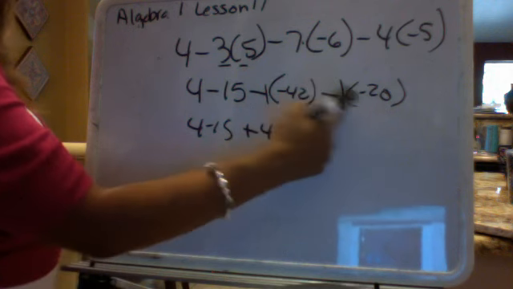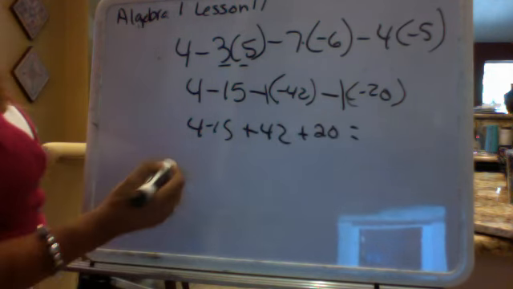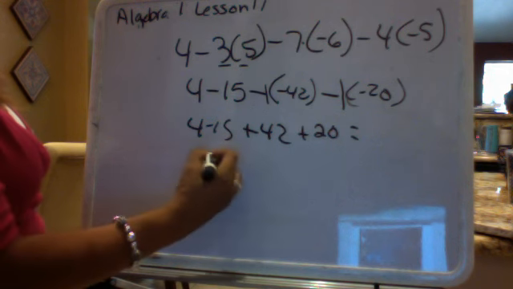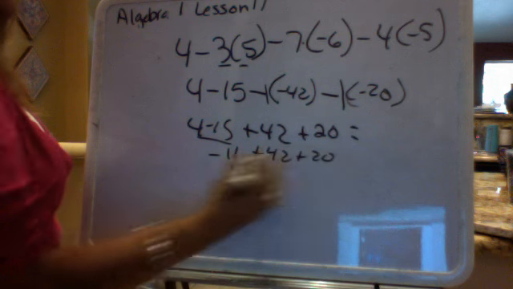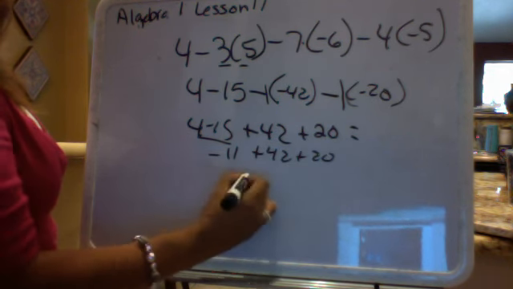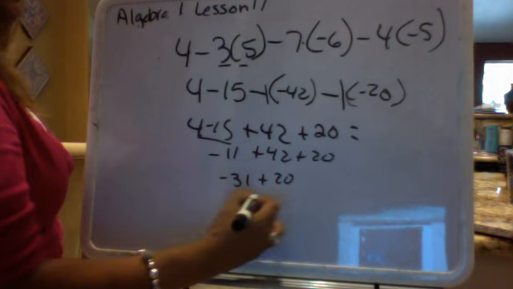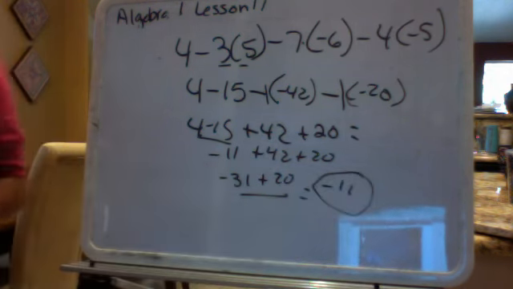Just like a negative 1 times a negative 20 is a positive 20. So then you simply go from left to right. 4 minus 15 is negative 11, plus 42, plus 20. Negative 11 plus 42 is negative 31, plus 20. You add those together and you simply get negative 11 as your answer.